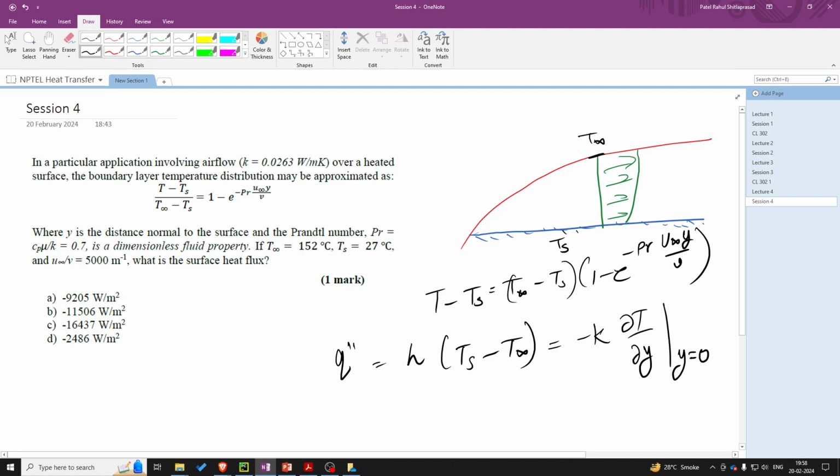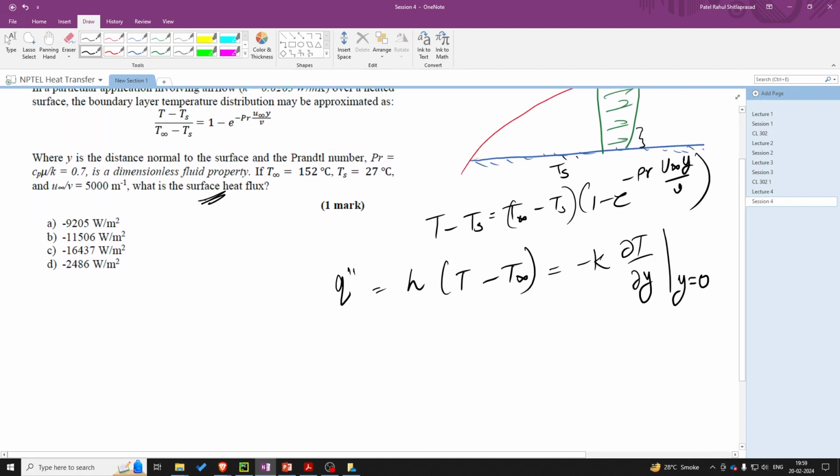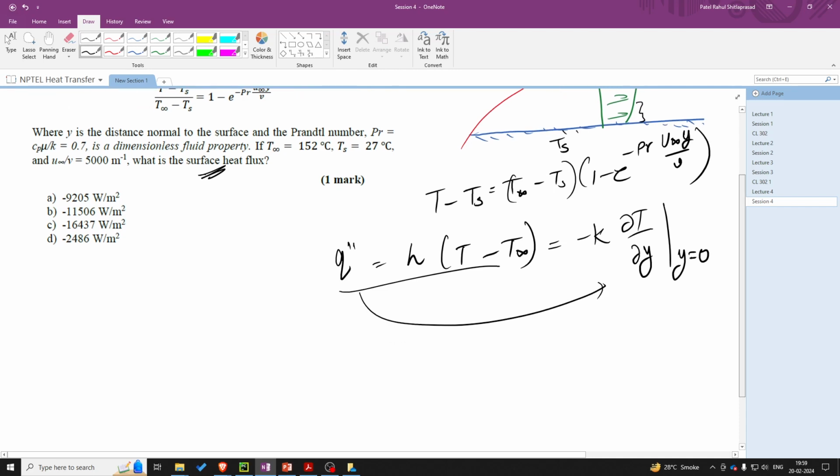We only need to consider this neighborhood since we have been given this. We have to find the surface heat flux. You can use either this equation or equate it to the other equation in order to find the heat flux.